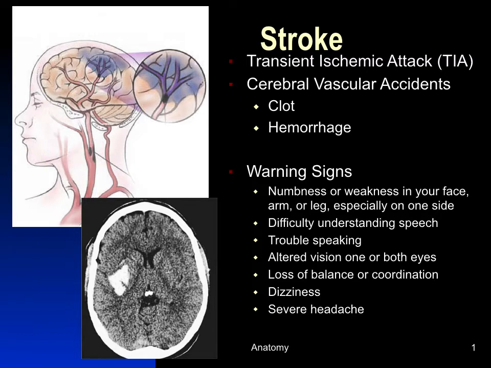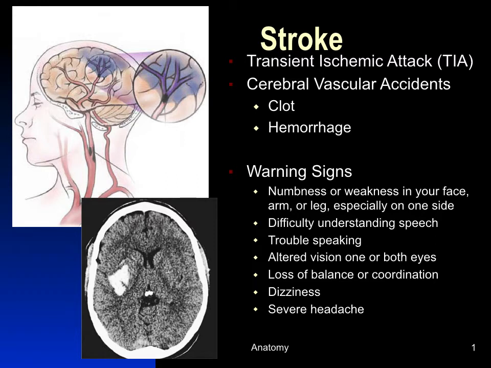So loss of sensation on one side, being paralyzed on one side, having difficulty understanding speech or trouble speaking, altered vision, loss of balance or coordination, dizziness, or severe headaches.